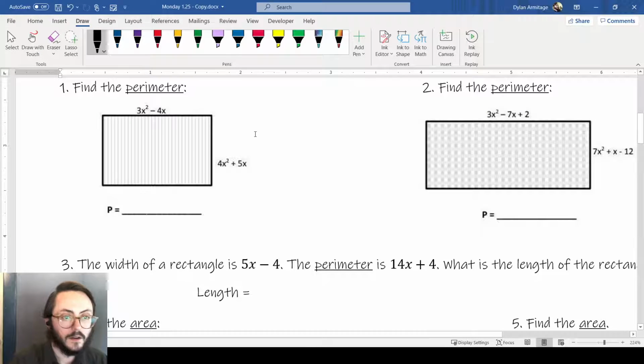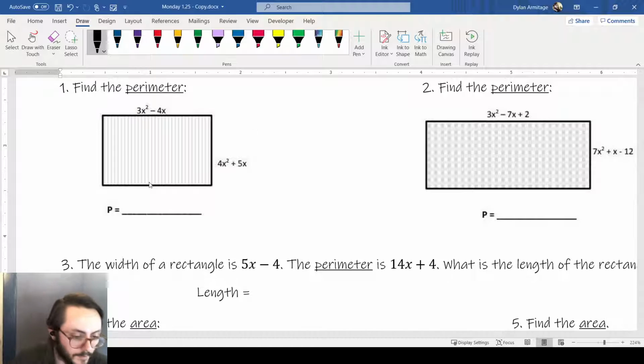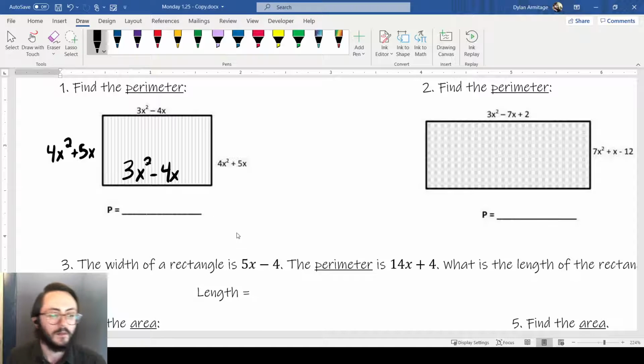One second. Okay, so we know that this side down here is also 3x squared minus 4x. And we know that this side over here is 4x squared plus 5x. And now we need to add up all 4 sides together to get the perimeter.